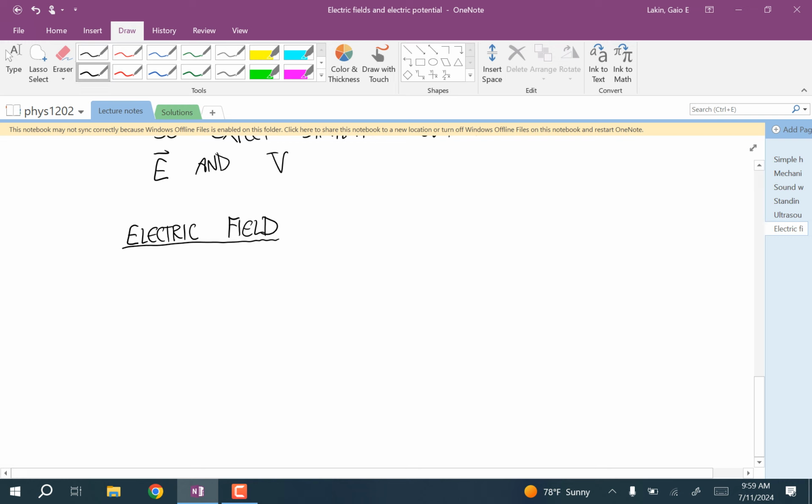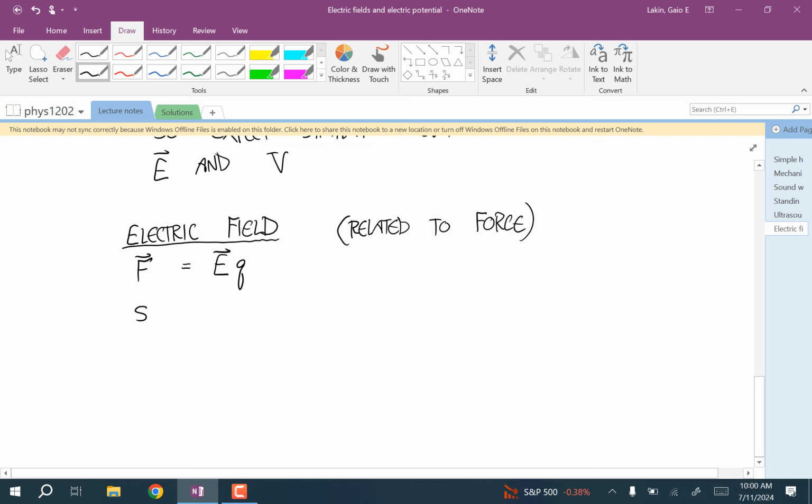So remember that the electric field vector is related to force. And the relationship says that the force vector is equal to the electric field vector times the charge of the particle that you're thinking of.